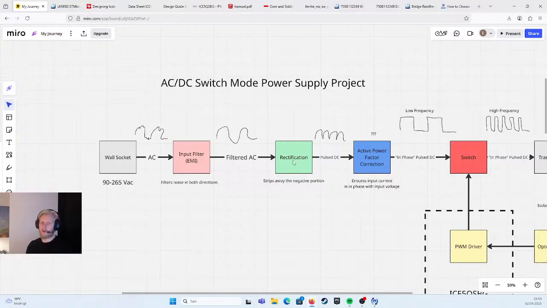Then it goes through the rectification phase, which we use a bridge rectifier. It will strip away the negative portion. That's how I interpret it. There's probably better words for it, which will come in time. But first of all, that's an easy way to just think about it. That it strips it away and it adds it back up here. Keep it simple.